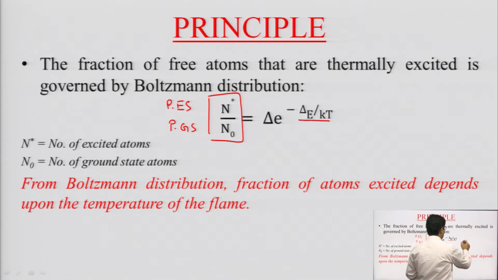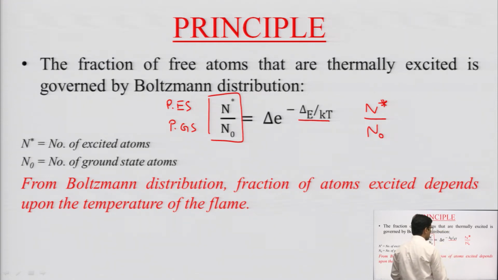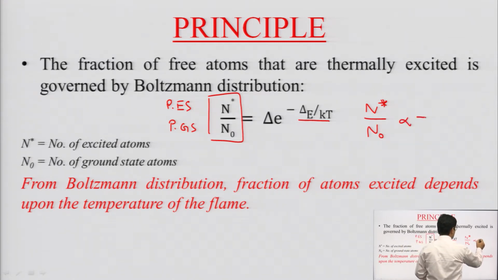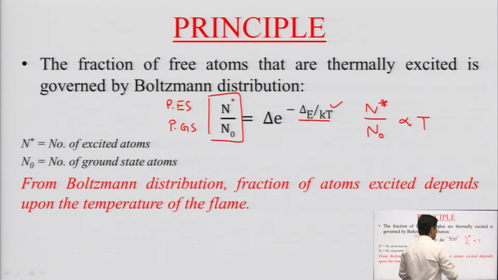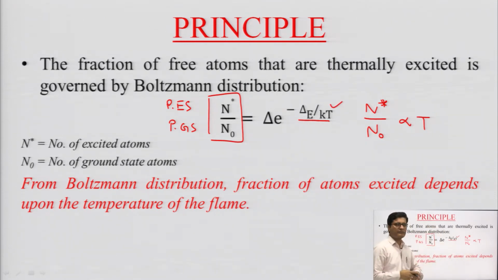So, from this expression it is clear that the ratio of excited state population to ground state population depends on the temperature. As we increase the temperature, the population of atoms in the excited state increases.